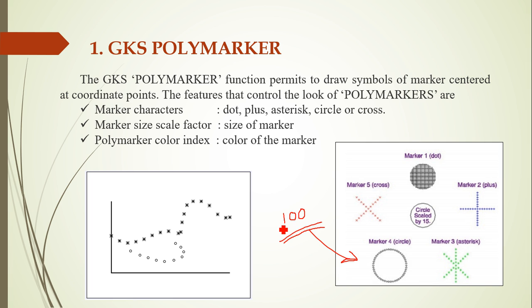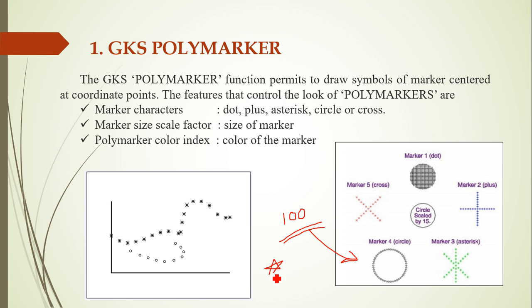If these things are actually going to happen, it could only happen if the GKS primitives are available. For example, if these are the available primitives within the GKS, and you try to select some star-like marker, it's not available within the GKS primitive.